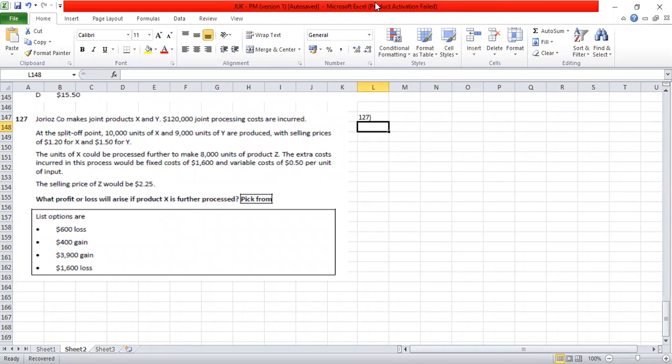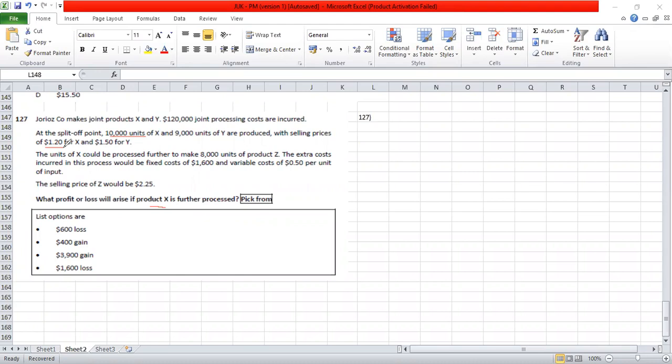The question, there are two products, of course, but the decision is only about one product, product X. Zorio's company makes joint products of X and Y. 120,000 joint, this is not relevant. At the split off point, 10,000 units of X are made and 9,000 units of Y. Selling price is 1.2. So there is a sale value at the split off point. 10,000 units into 1.2 is the sale value at the split off point.